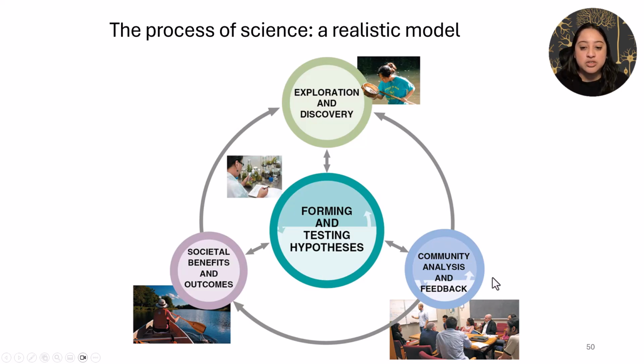If you're doing undergraduate research, you might be working with graduate students, and then you'll also be working with a professor. So you're going to get feedback from them as well, and then that might lead you to revise your experiment.